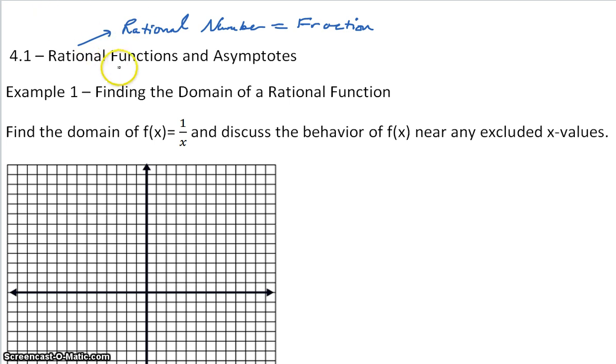So what is a rational function? A rational function is a function that you can express as a fraction of two expressions.